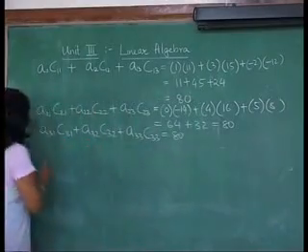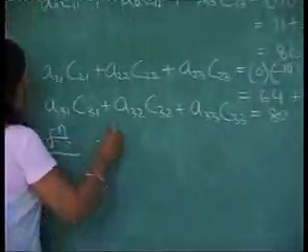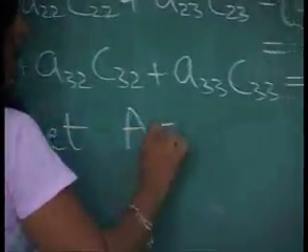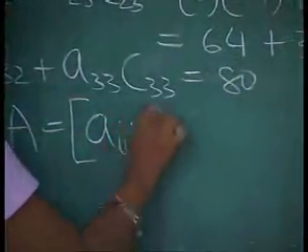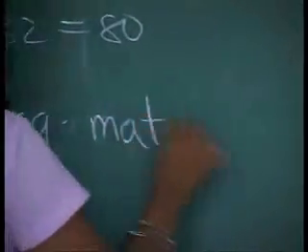So I'll give this as a definition. Let capital A equal to Aij be a square matrix of order n.